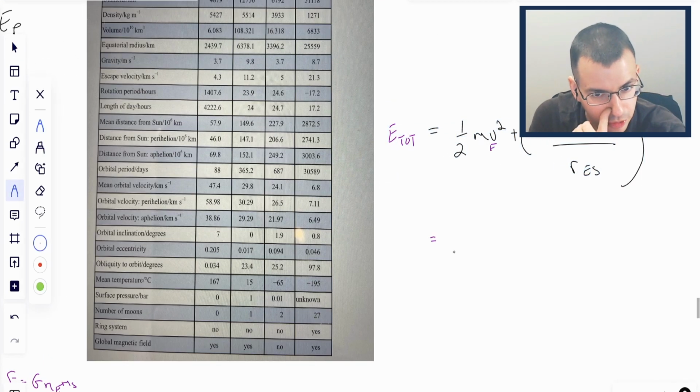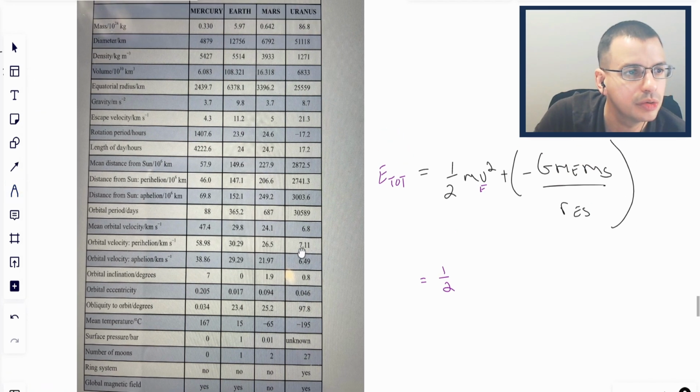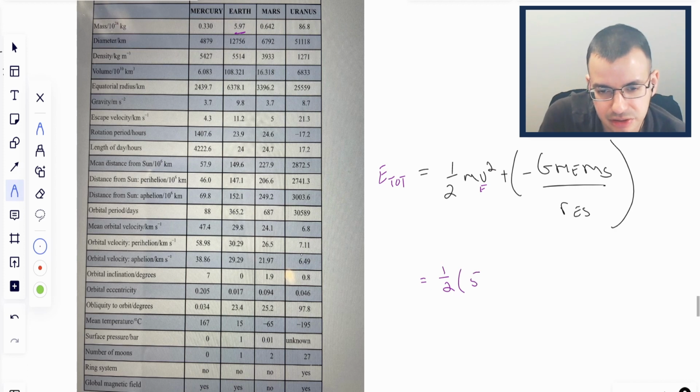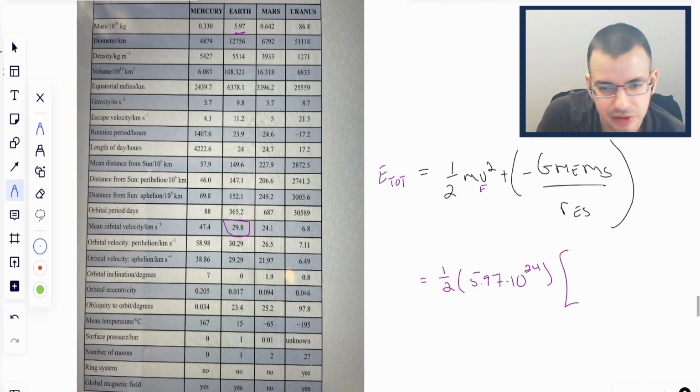So we're going to have 1/2 times the mass of the Earth, which right up here, 5.97 times 10 to the 24th, times velocity. We're going to use mean orbital velocity. We'll say 29.8.